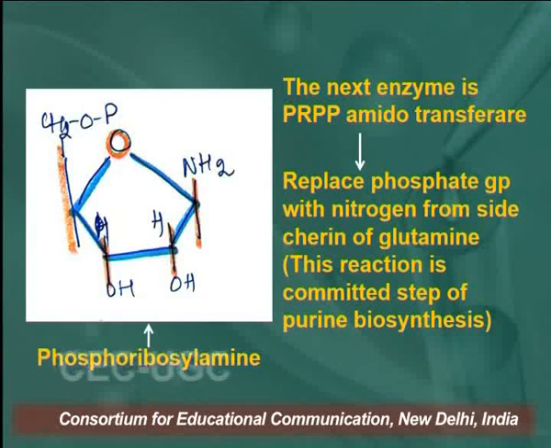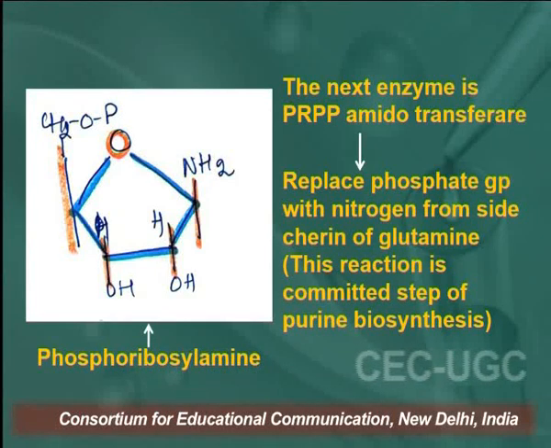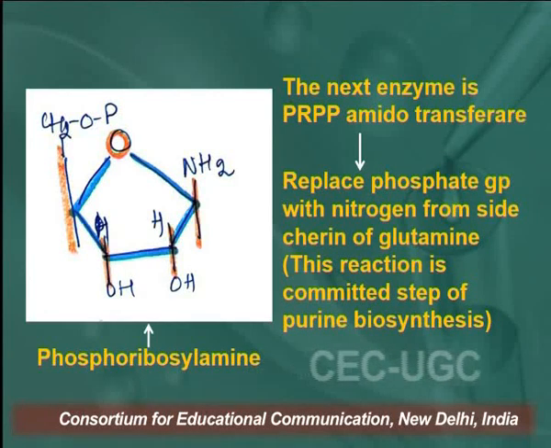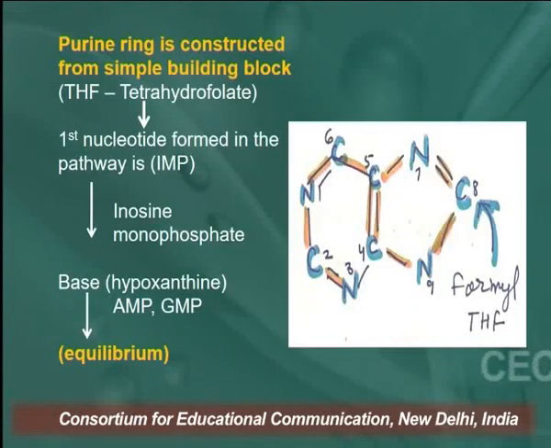So, here it is very important to understand that first we require ribose 5-phosphate, and along with the ribose 5-phosphate we require some amino acids like glycine, aspartic acid and glutamine, which are used for the biosynthesis of adenine and guanine. The purine ring is constructed from simple building blocks, including THF, tetrahydrofolate.